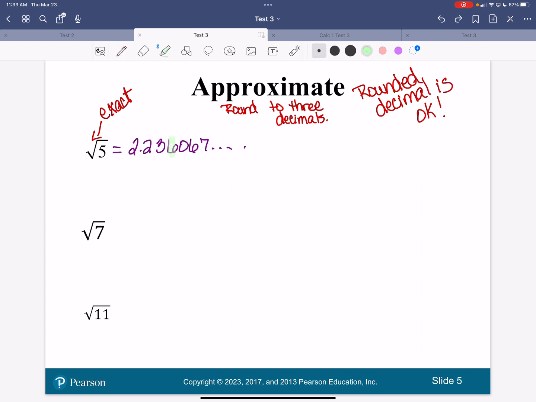To round to the 3rd decimal spot, I look at the next number. If it's 0, 1, 2, 3, or 4, what does that tell the 6 to do? Stay. So my approximate answer is 2.236. That is an approximate answer rounded to 3 decimal places.